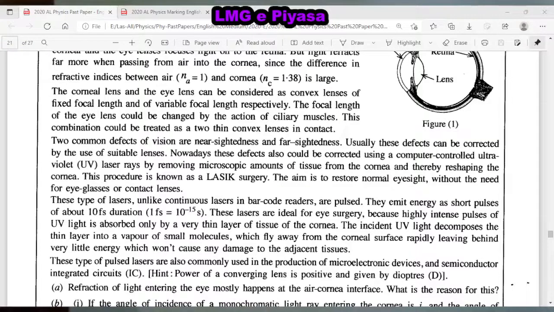First part of the question, part A. Refraction of light entering the eye mostly happens at the air-cornea interface. What is the reason for this?